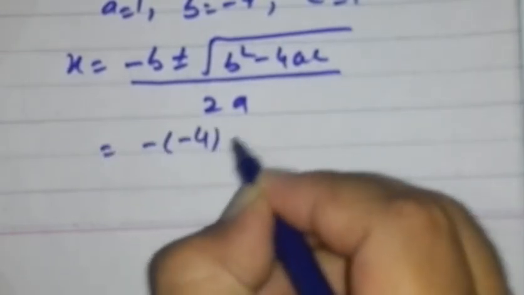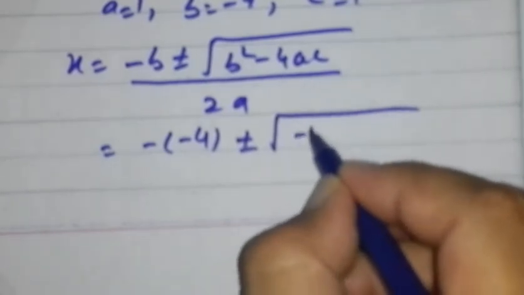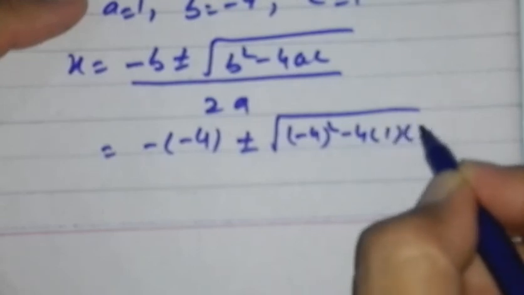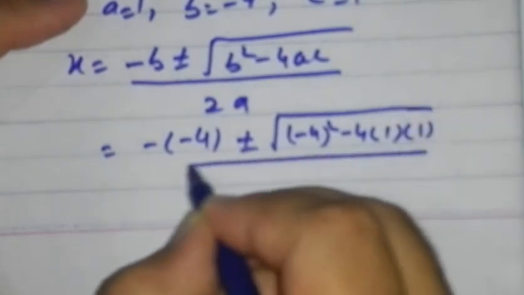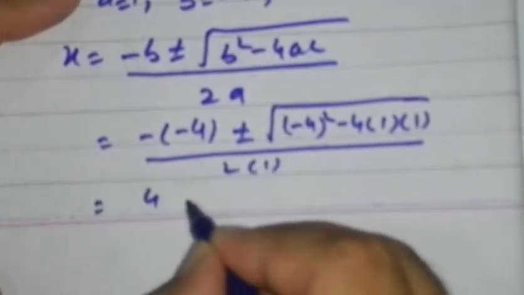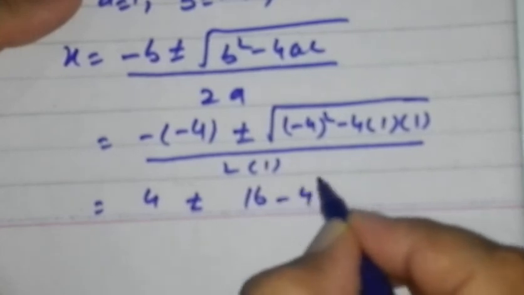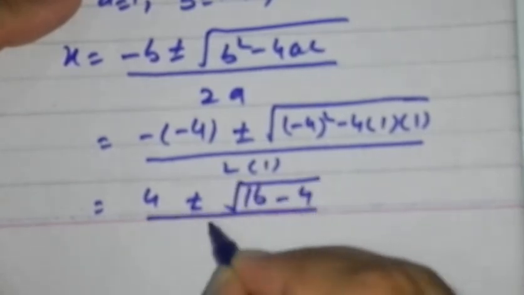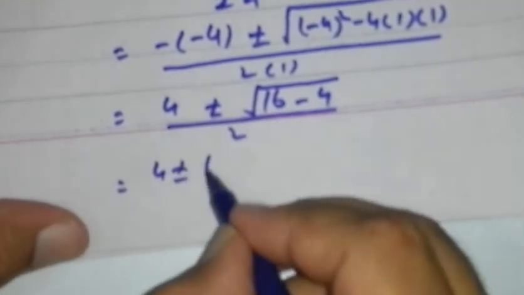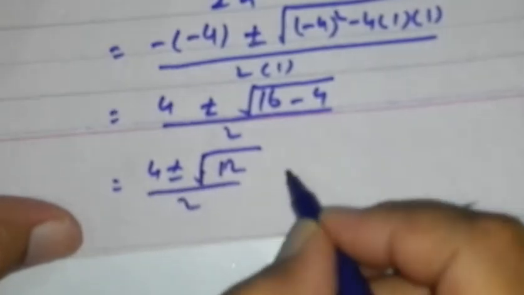Minus the b value is minus 4 plus minus under the root minus 4 square minus 4, the a value is 1, the c value is 1 divided by 2, the a value is 1. So here we get 4 plus minus under the root 16 minus 4 divided by 2. 4 plus minus under the root 16 minus 4, we get 12 by 2.